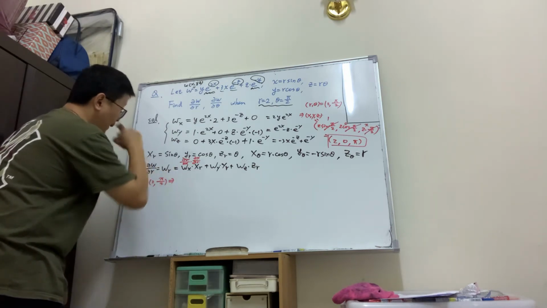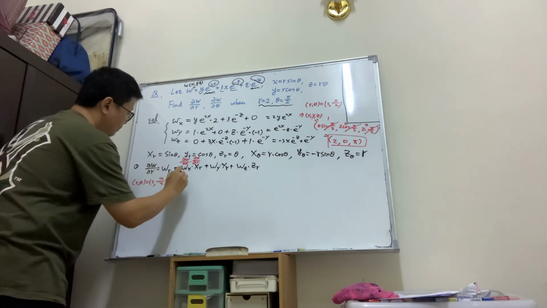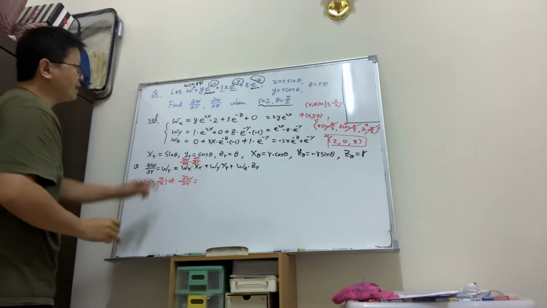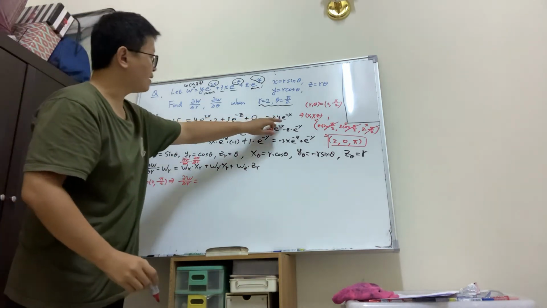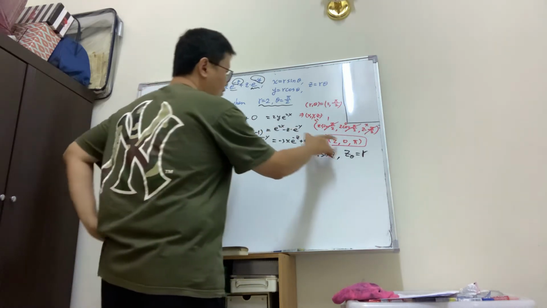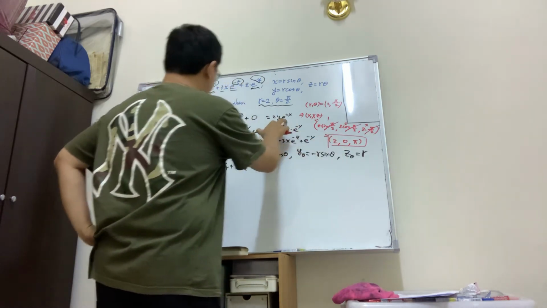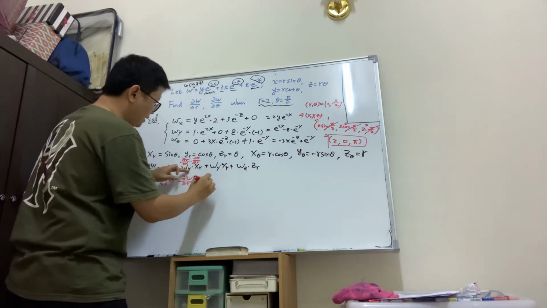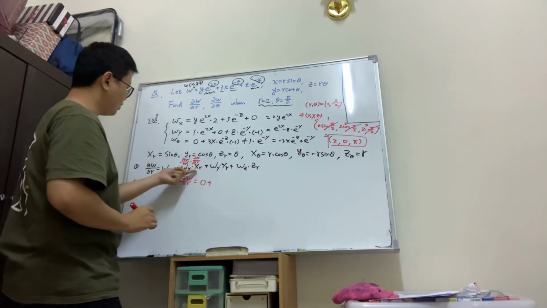Then you will get partial W, partial R equals the first term Wx is this term and the SYG is this term. But when you plug in the value, you will see y equals 0, so this term is 0. For this one, it's 0. And once it's 0, this term is 0. First term is 0 originally.